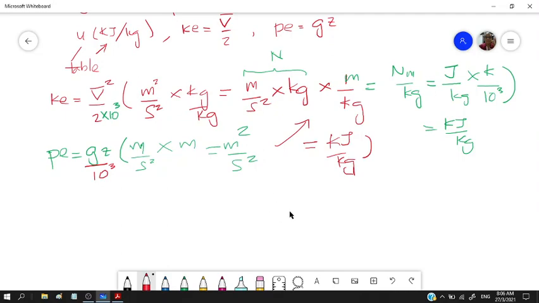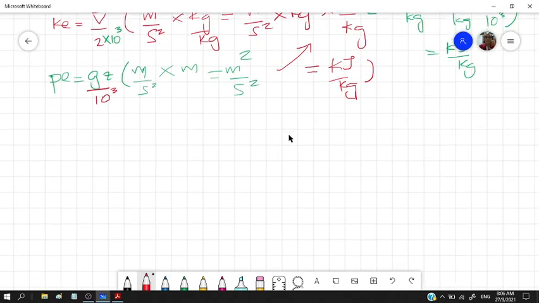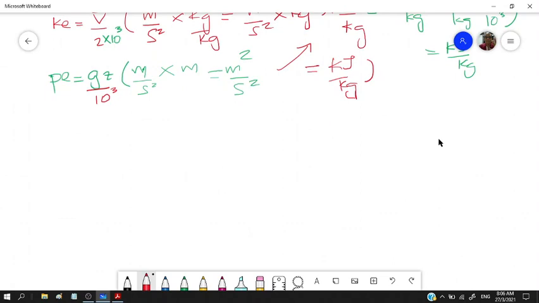Okay, and also how to convert all the units that are involved here. So we must get the proper conversion of the unit. If we don't have the conversion of the unit, then we cannot convert from one unit to another unit. For example, let's say we have pressure. What is pressure?